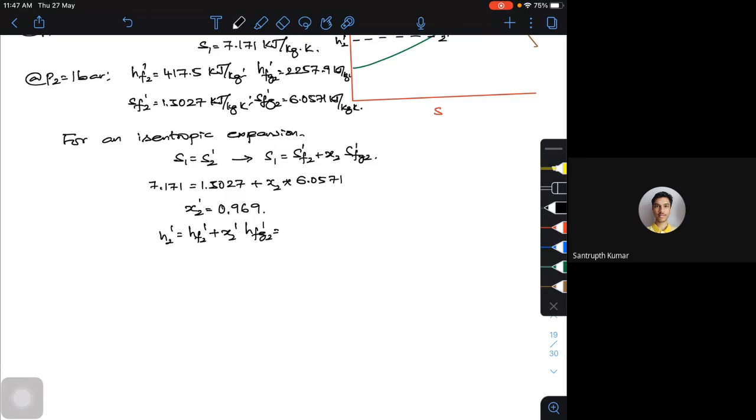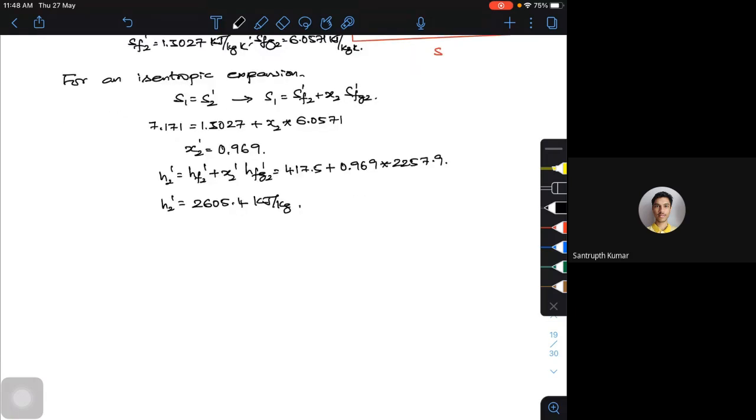HF2 dash is equal to how much? 417.5 plus 0.969 into 2257.9. So I'll be getting my H2 dash is equal to 2605.4 kilojoules per kg.